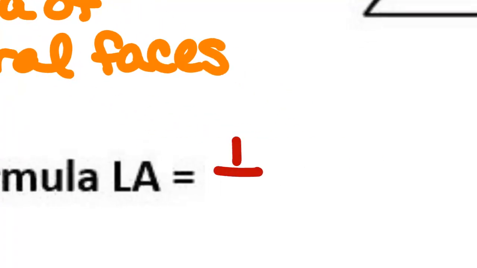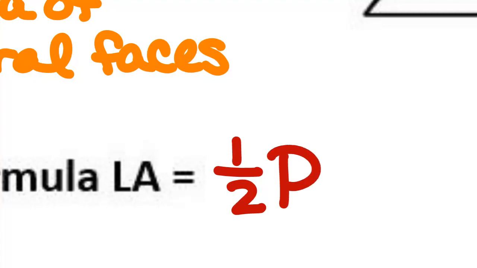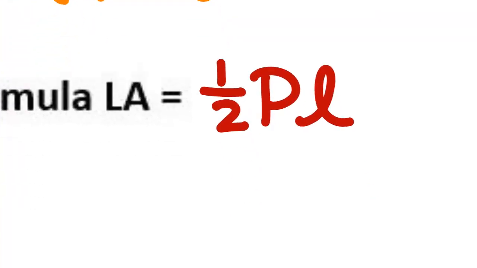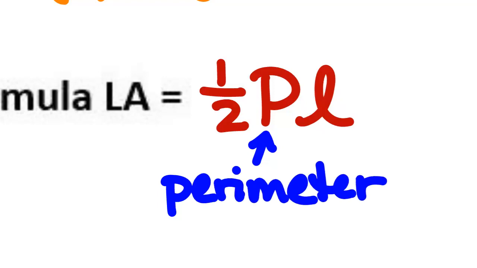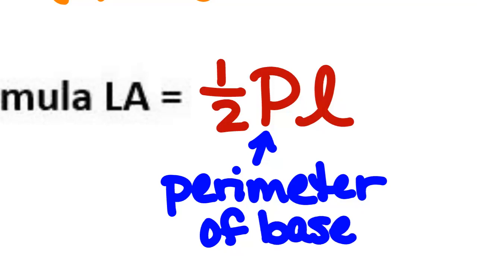So that's that 1/2 PL. P is the perimeter of my base. L is my slant height.